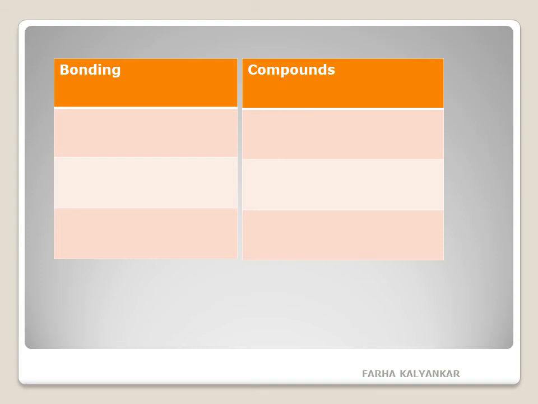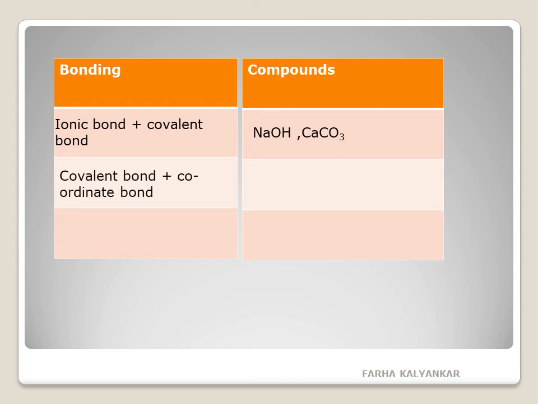Compounds tend to have multiple bonding. Like, there might be compounds which have ionic as well as covalent bonding present in them, like NaOH, that is sodium hydroxide, or else it can also be calcium carbonate. Likewise, there might be compounds which have covalent as well as coordinate bonding in them.